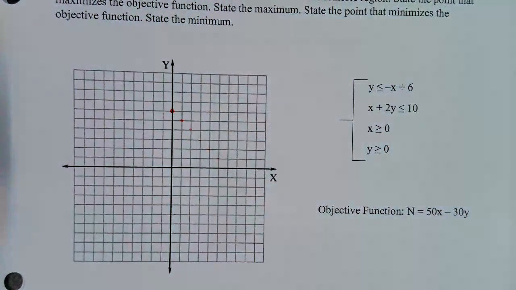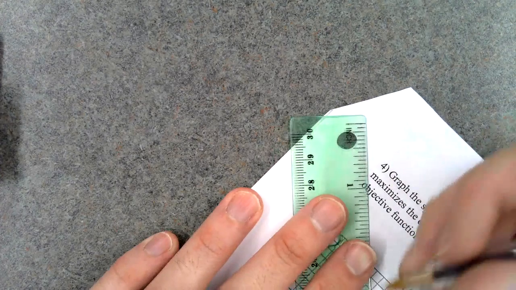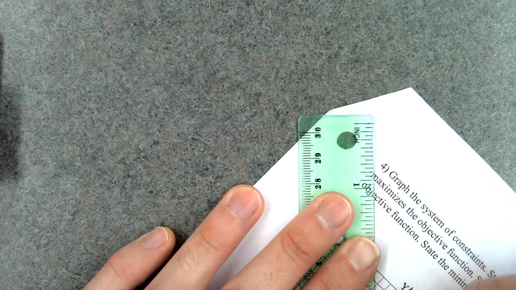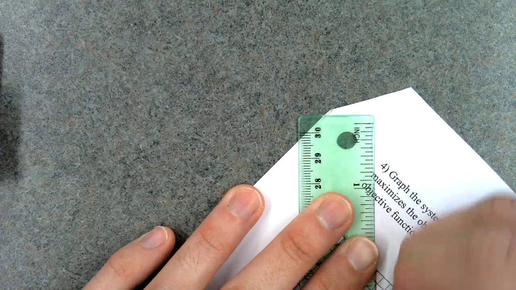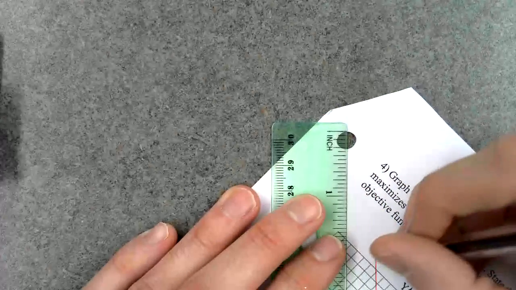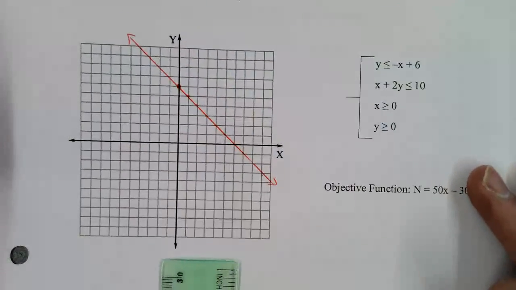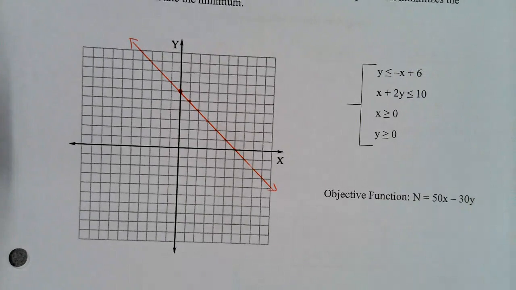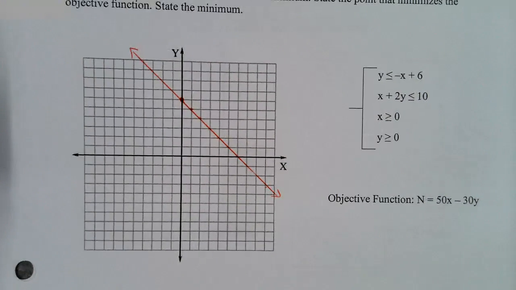Let's graph that. I can tell you right now that one's going to be shaded below because it's less than or equal to, so the shortcut is shade below. If not, you can use a test point like you've done in the past.